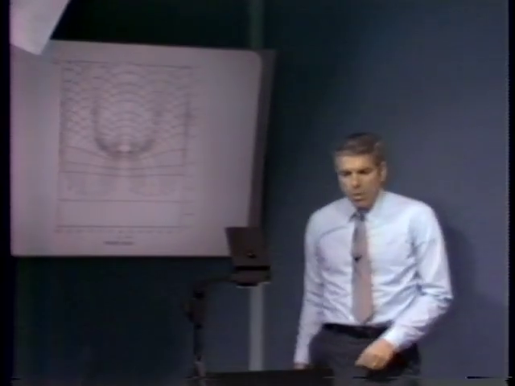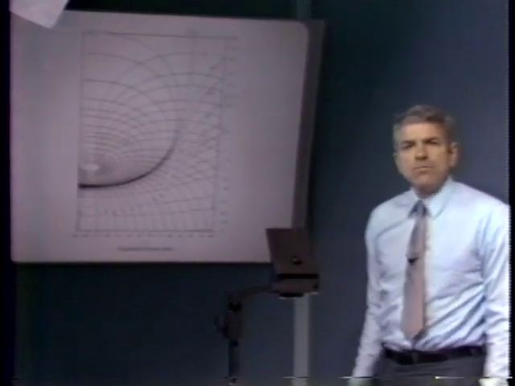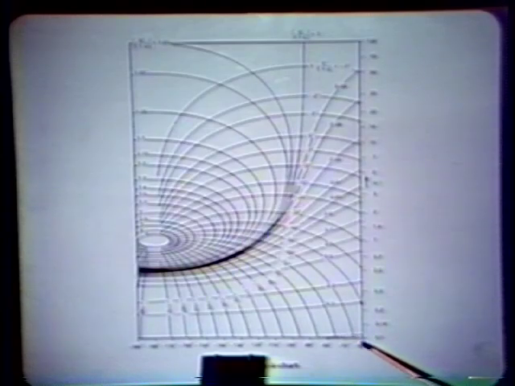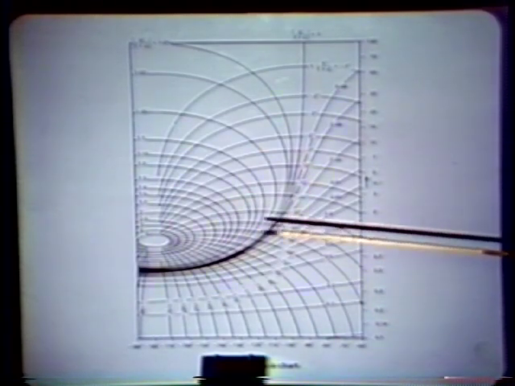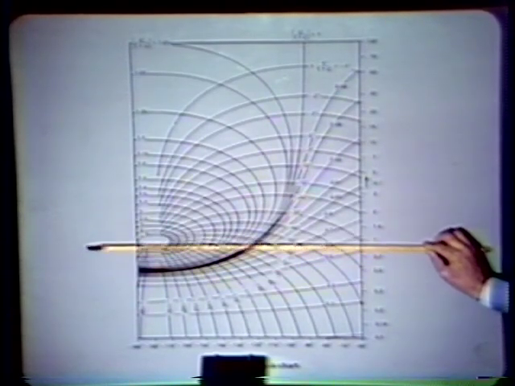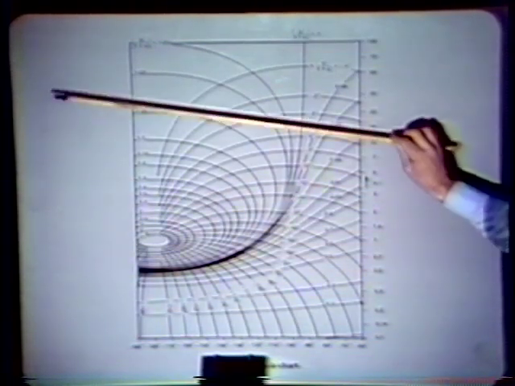And so normally, when we're working with this aid, we use an expanded Nichols chart that focuses on the -1 point. So here we have a Nichols chart that covers only the range of angles from -60 degrees down just slightly beyond -180 degrees, and magnitudes, again, that center about the -1, or the magnitude of 1 point. Here's 1, a tenth, 100, 10.